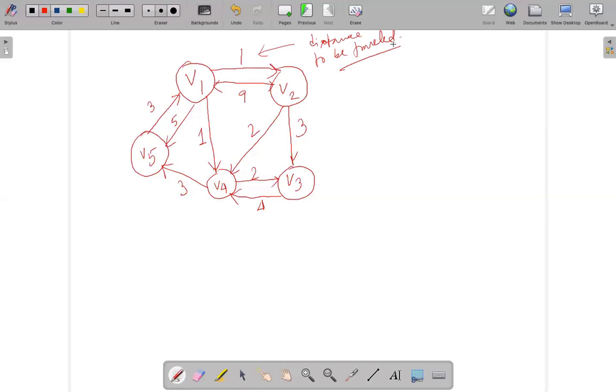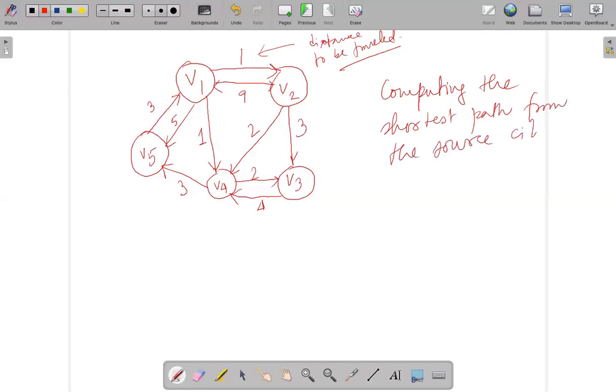So ideally, what do you want? You want to travel the minimum distance starting from the source to arrive at the destination. This basically boils down to computing the shortest path from the source city to the destination city.